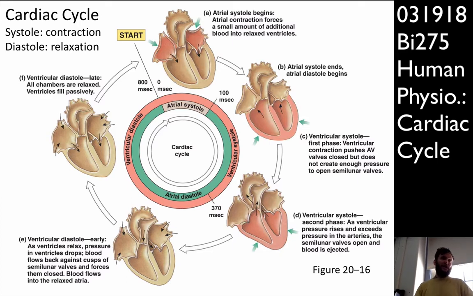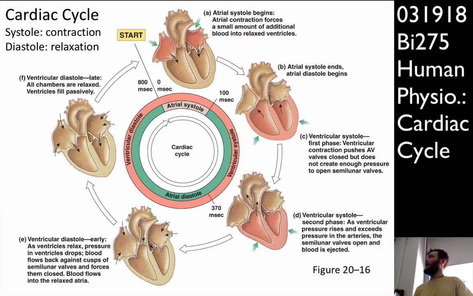Up until this point, it's been passive filling of the ventricle, basically driven by what's called the preload, or the venous blood pressure. What's the blood pressure of blood that's returning to the heart? That's what's helping to fill the ventricle. Atrial systole, after about 100 milliseconds, ends, and diastole begins.